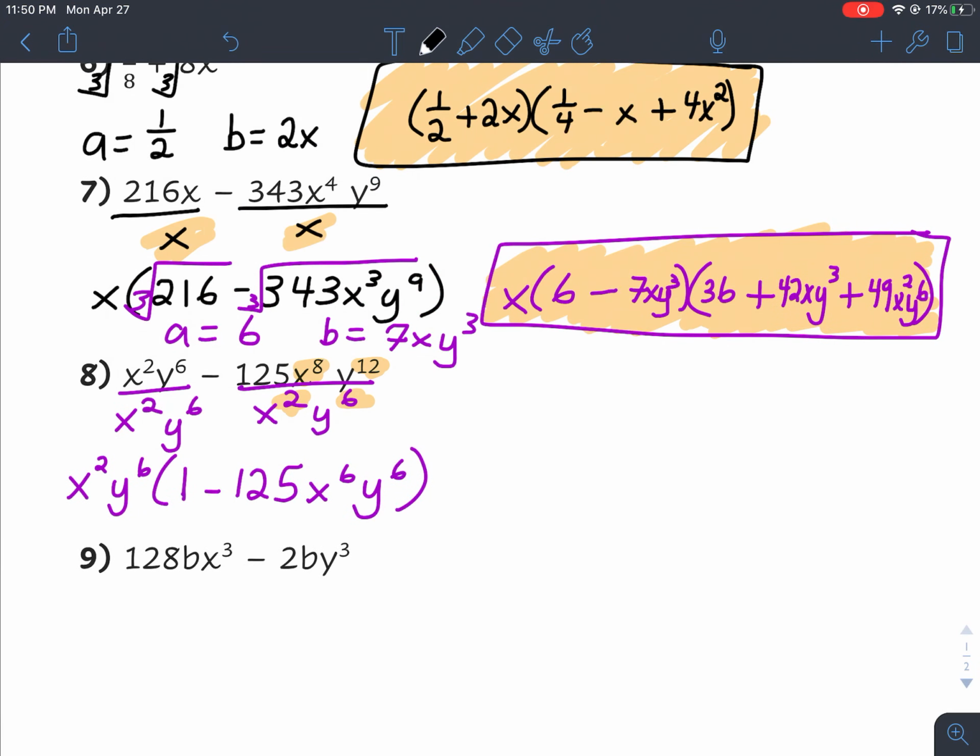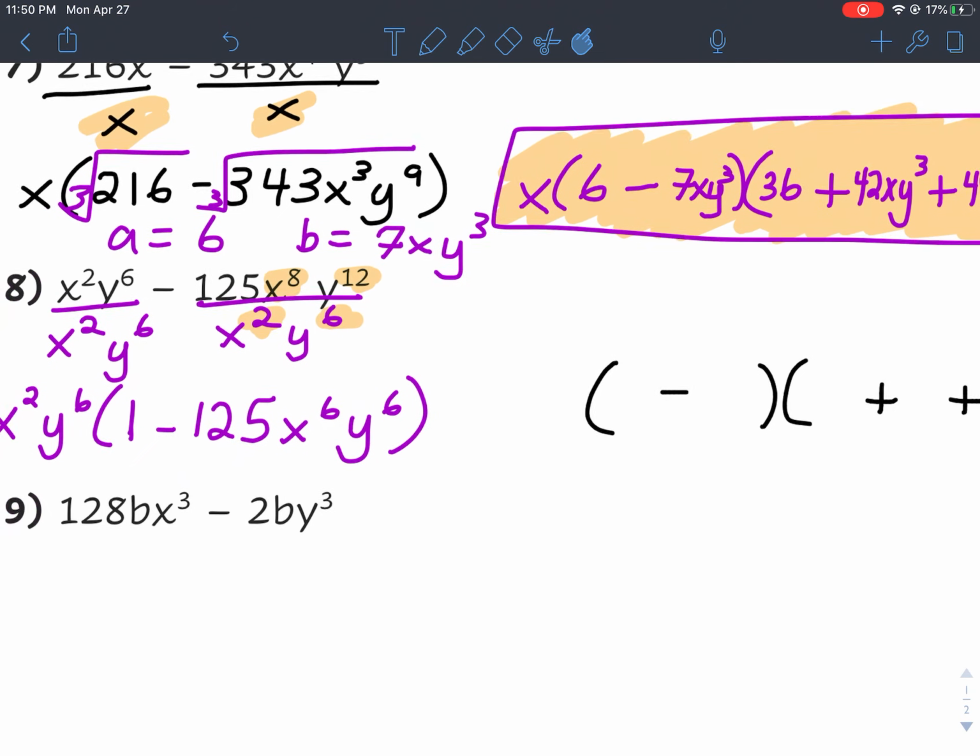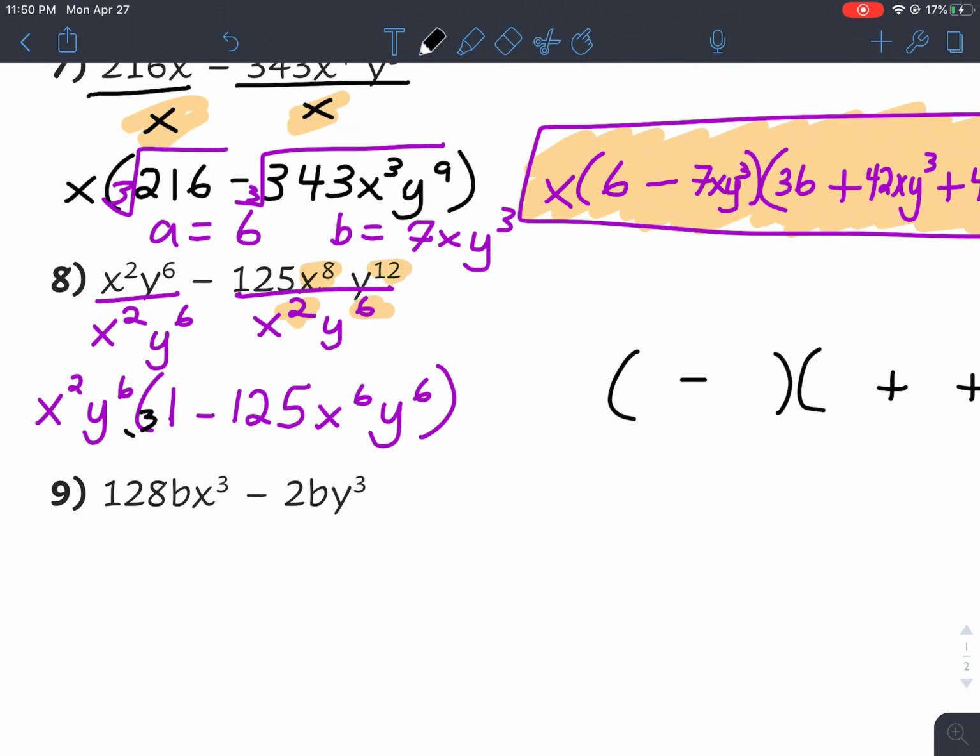Okay, so now if we move along with factoring this, we know it's a binomial times a trinomial. Same sign, opposite, always positive. And the cube root of our first one was 1, so a was 1. And then the cube root of our second term was 5, because 5 times 5 times 5 is 125.